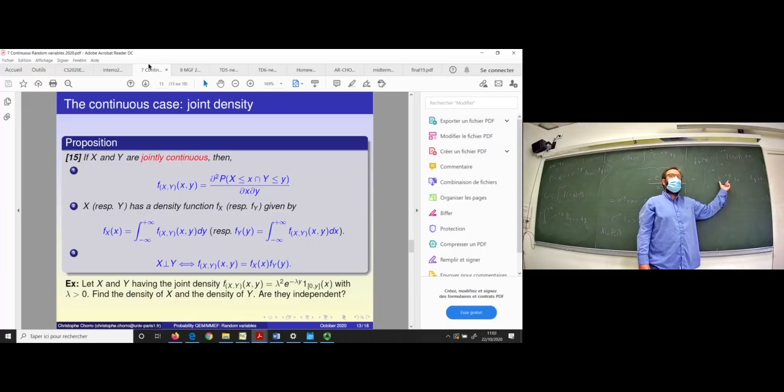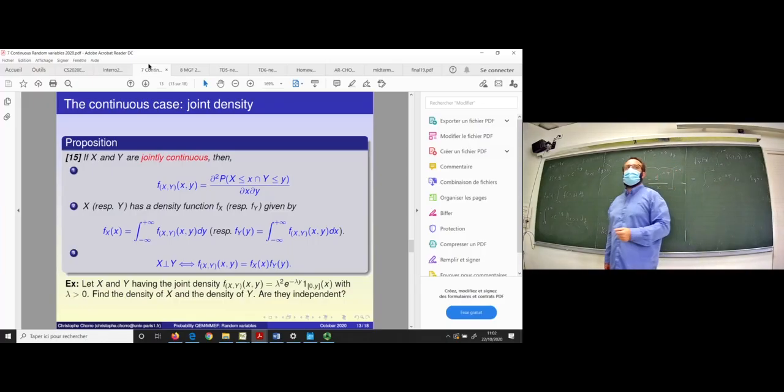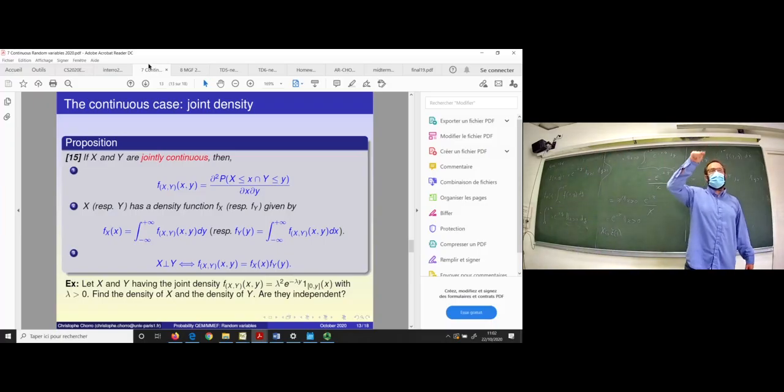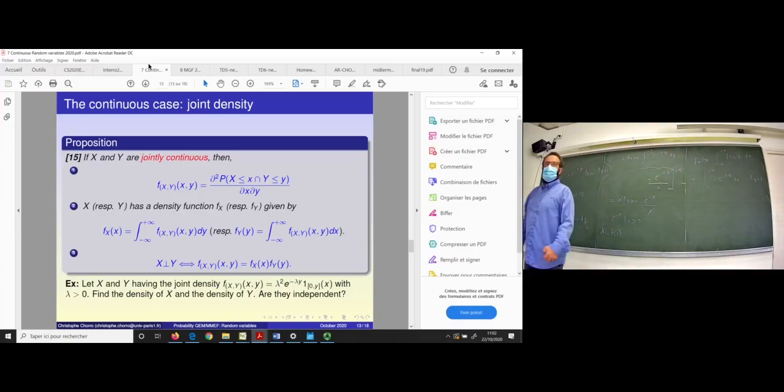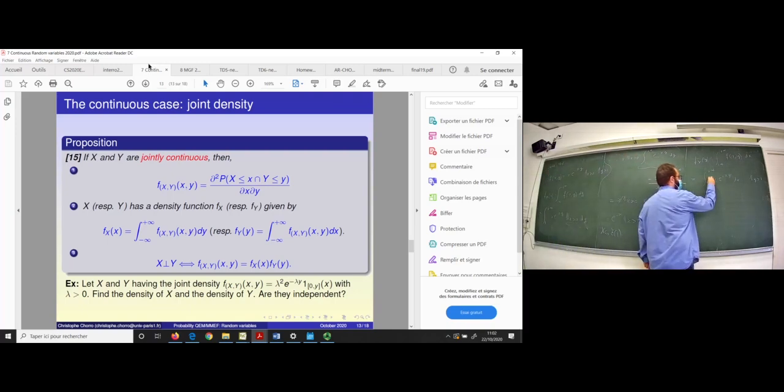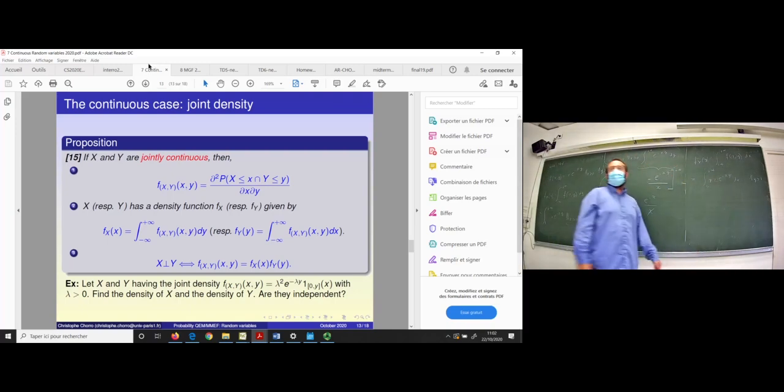But it means something to have explicitly this density, because the exponential of parameter lambda is lambda exponential minus lambda x indicator function of x positive. So if I want to make the density of an exponential of parameter y, what can I do? I can do this, and then I have exactly what I want. Because I can express this integral just as the expectation of an exponential of parameter y.